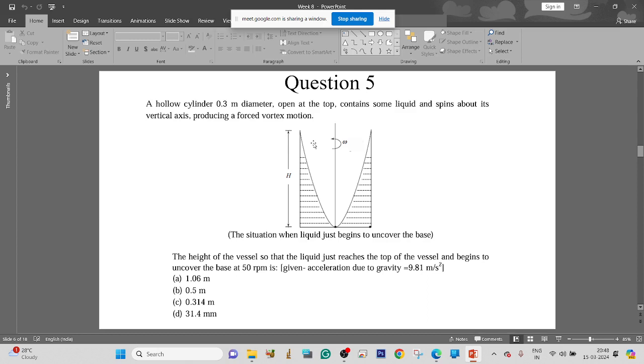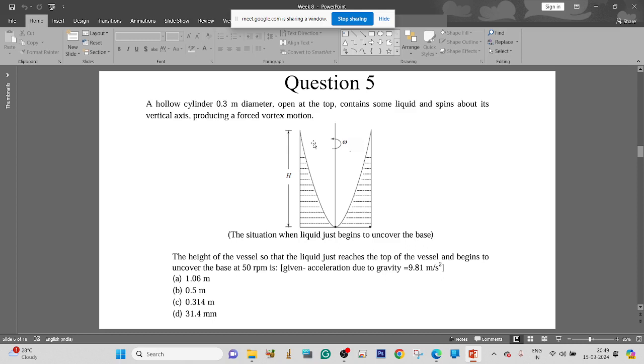So del P by del r dr, if you integrate it from P1 to P2, we'll integrate it from 0 to R, where R is the total radius, rho V theta square by r dr. So this is from 0 to R of rho omega square r square by r dr. So P2 minus P1 is equal to rho omega square R square by 2.